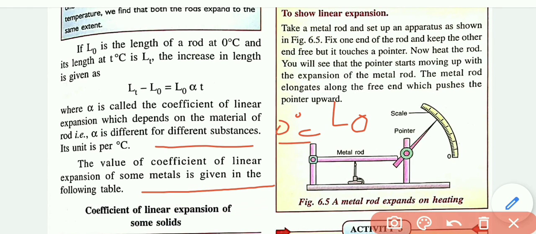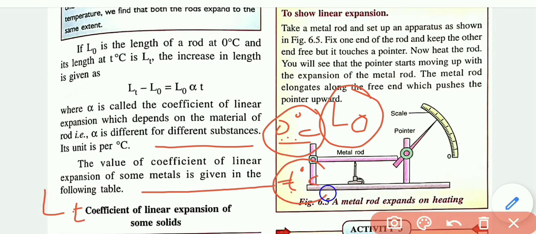After expansion the rod will be a little more. If you increase the temperature from 0 to t degree centigrade, where t may be 1, 2, 3, 4, 5, anything, then the length of the rod also increases. How much? Lt. At 0 degree centigrade the length of the rod is L0, and at t degree centigrade the length is Lt.